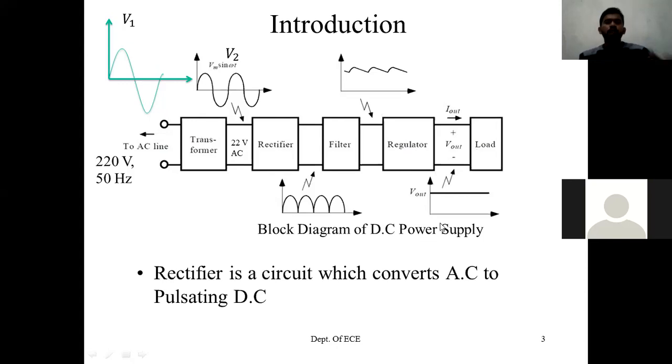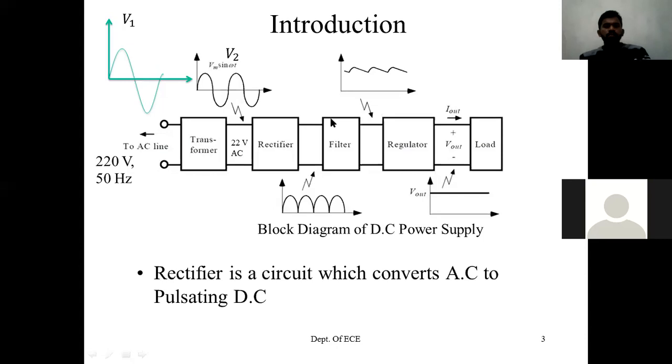So the problem of battery cost will be eliminated here, so that we will get an abundant DC source with the help of this DC power supply block.